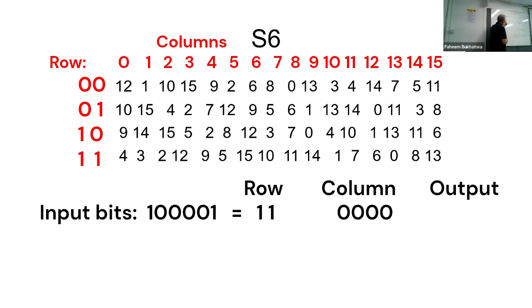For 1 1, you take the first bit and the last bit, and they tell you which row. And the middle, 0 0 0 0, indicates which column. Column number 15 is this one here, which is 1 1 1 1. The columns are 0 1 2 3 4 5 in decimal, but the numbers are written here in binary.